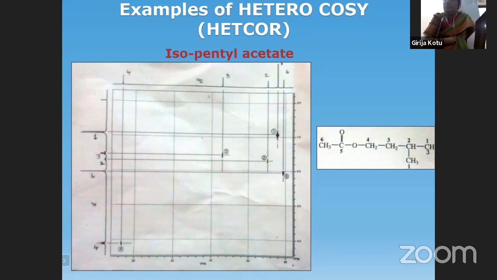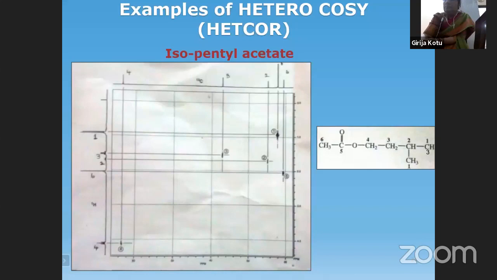You may not observe it; you can just consider it a multiplet. Next is the third proton, that is CH2. It will again couple with the CH2 on one side, the fourth, and again with the second. So it is again a multiplet. Next is 1. Both the methyls couple with the adjacent CH proton into a doublet. So 1 is a doublet, you can clearly observe. 6 is a singlet because there are no neighborhood protons.